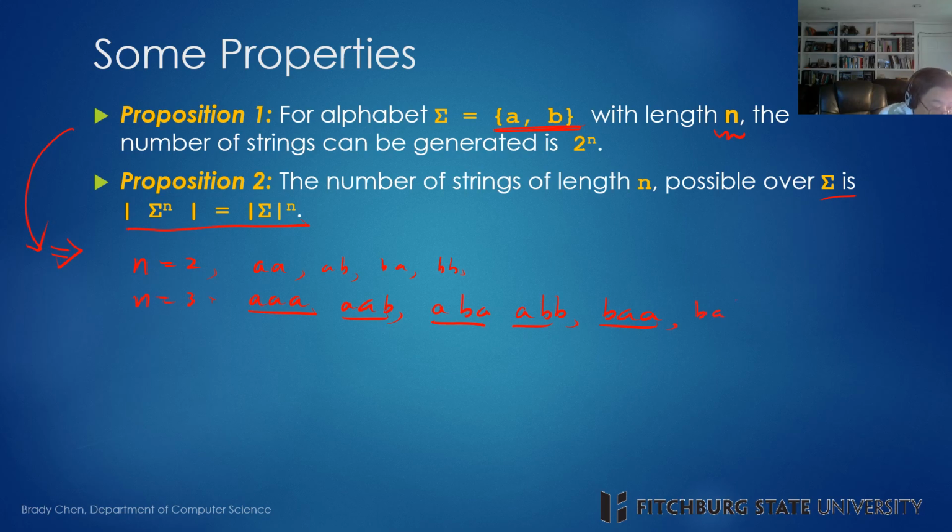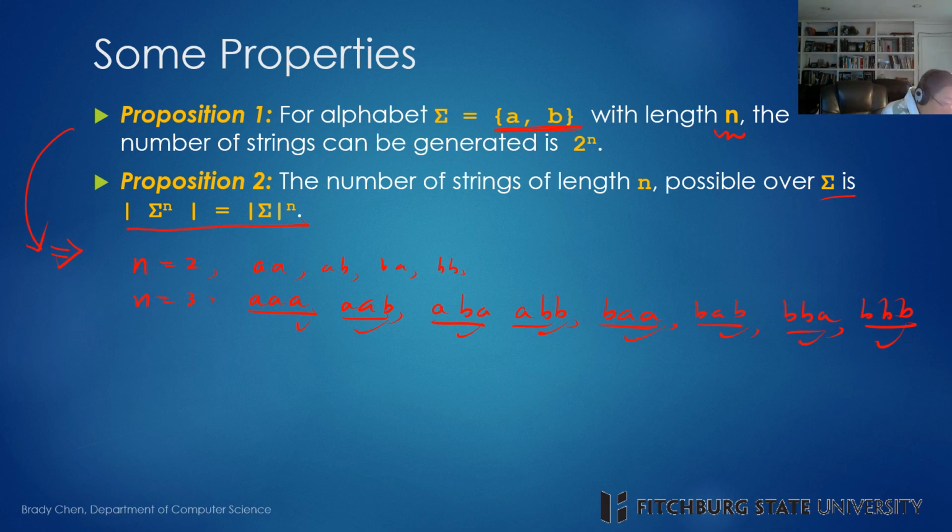Then BAB, that's the next one. BBA and BBB. How many of them? 1, 2, 3, 4, 5, 6, 7, 8. So this is more like a combinatorics problem in math. You have a certain number of elements, and you want to generate the combinations of these elements of length 3 or length 4, you know.